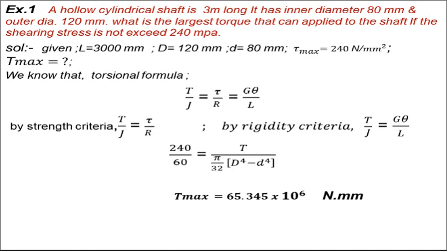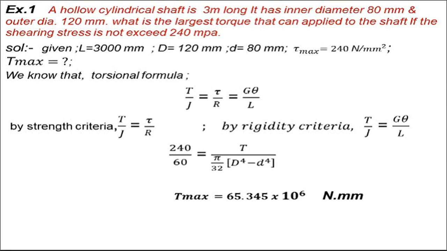We know the torsional formula or torsion equation, as we derived in the earlier video lecture: T divided by J is equal to tau divided by R is equal to G theta divided by L. Capital T is the torque applied, J is the polar moment of inertia about ZZ axis, tau is the shear stress, capital R is the radius of the shaft, G is the modulus of rigidity, theta is the angle of twist, and capital L is the length of shaft.